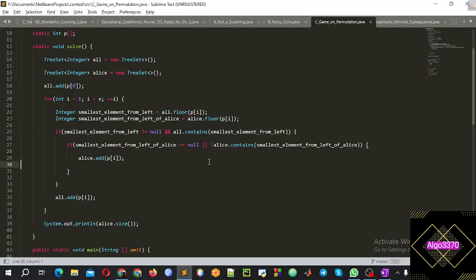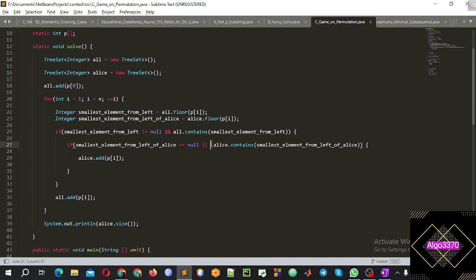Then go to the second step and check that this smallest element is not present in the list. That means there is no smaller element than the present element p of i present as a winning strategy from the left, or in the Alice storage.